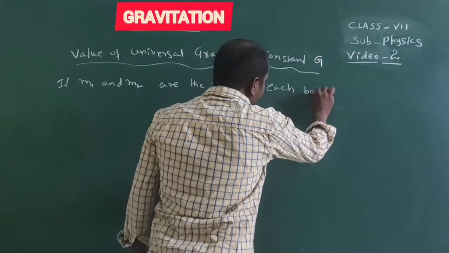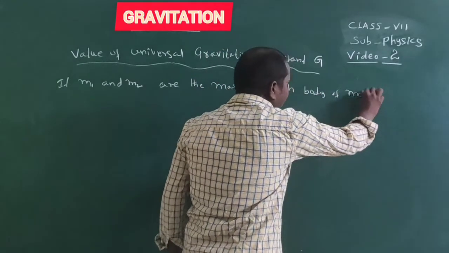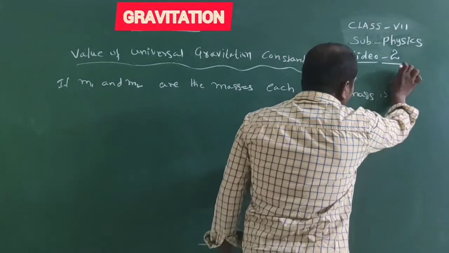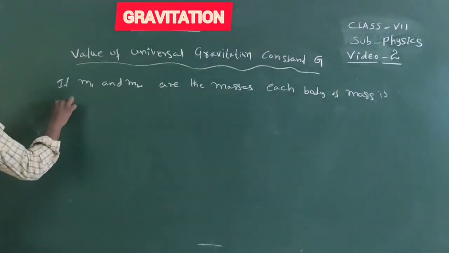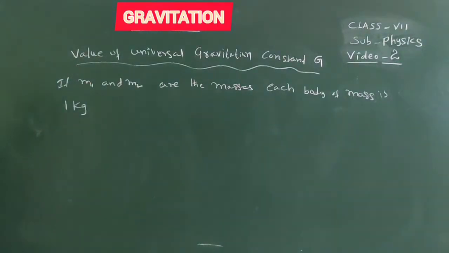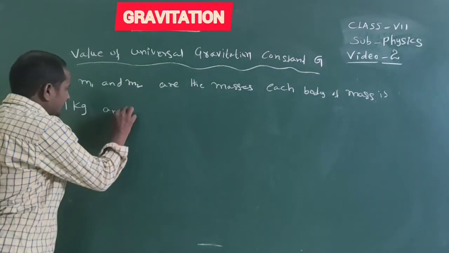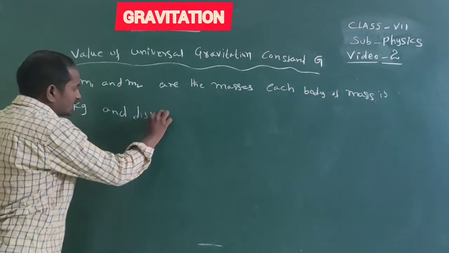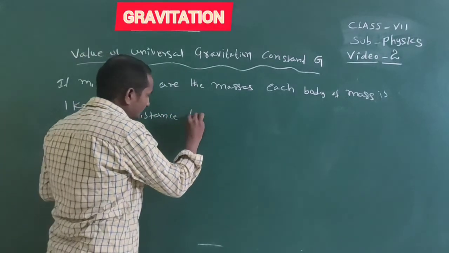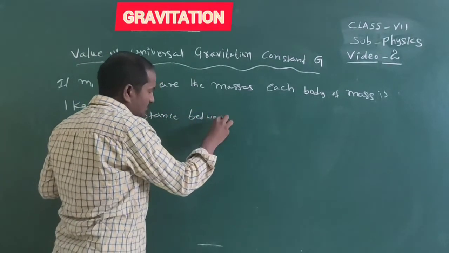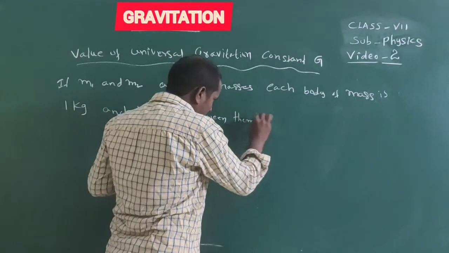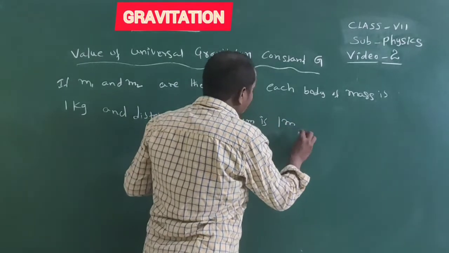Each body of mass is 1 kg, and the distance between them is 1 meter.